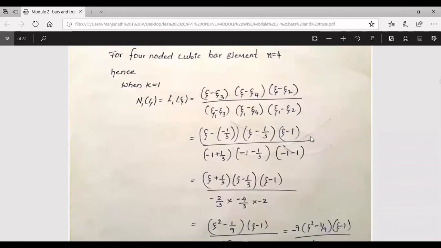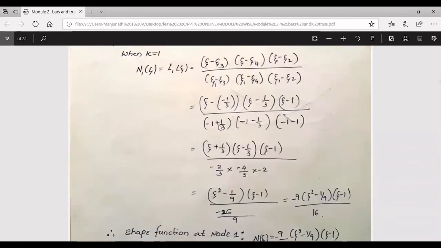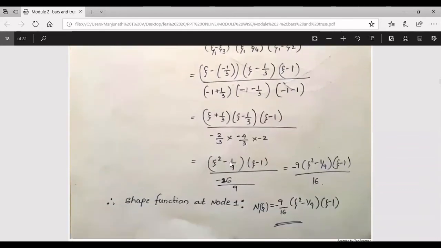So the equation becomes like this. Simplifying this, the overall equation is like this, and we can write N1 of zeta equal to minus 9 by 16 into zeta square minus 1 by 9 into zeta minus 1. This is the shape function equation for node number 1.